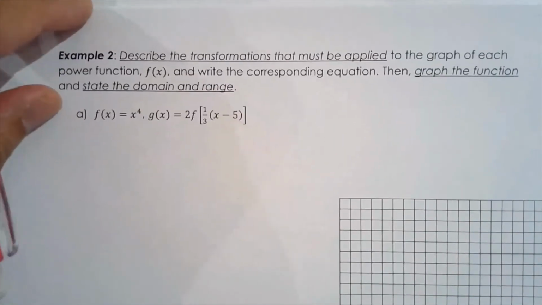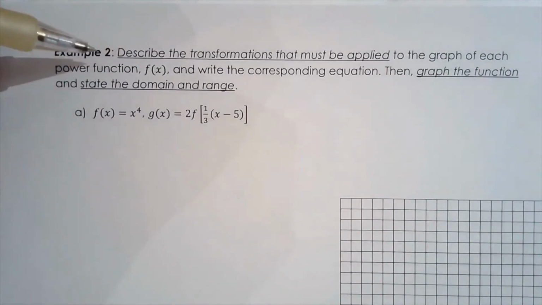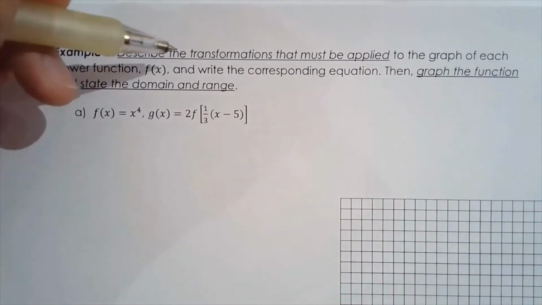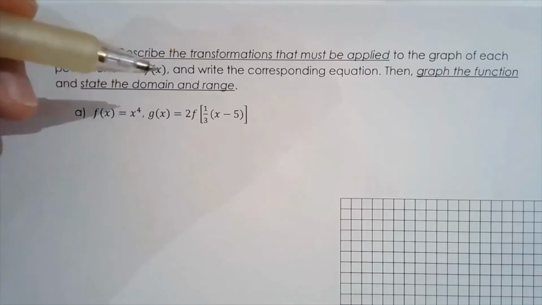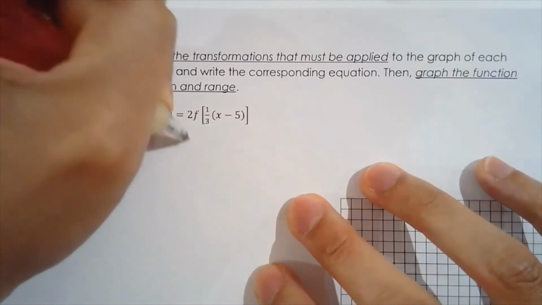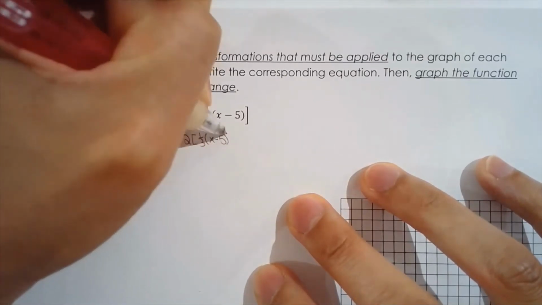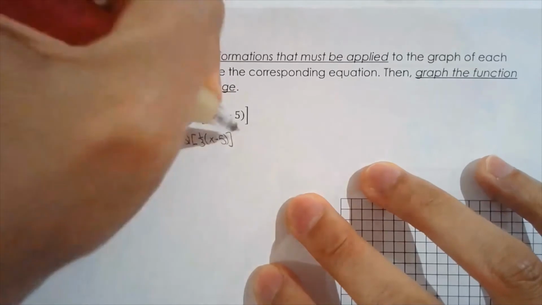All right, so the things to do here: describe the transformations, write the corresponding equation, and graph the function. I'm going to start off by writing the equation and stating the domain and range, sorry.